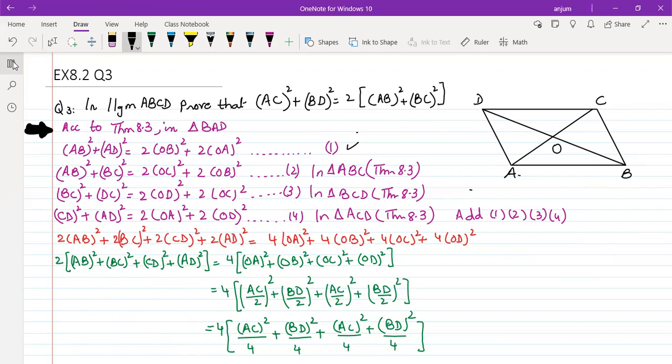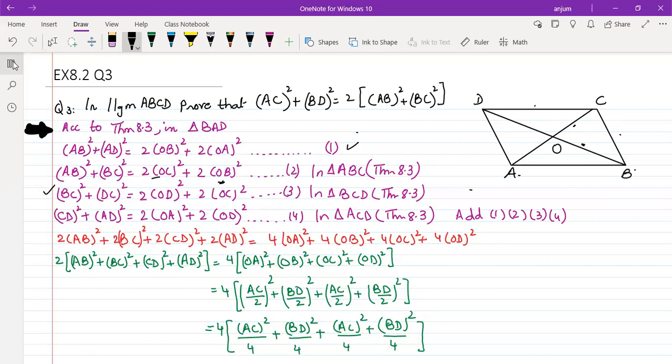Now in triangle ABC, we formulate AB square plus BC square is equal to 2OC square plus 2OB square. Now OC is the half of the third side, and OB is the median here, in equation number 2. Similarly, in equation number 3, in triangle BCD, the two sides are BC and CD, so we take the squares.